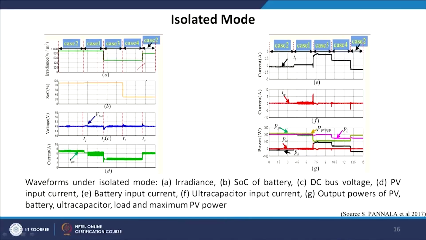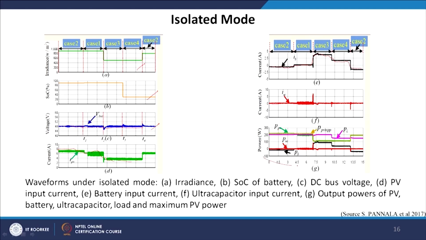When you move to isolated mode, we can see that this is my load scenario, and then this is the SOC scenario and the bus voltage, which is again with minor variation. You can see the current for the PV, which is varying, and then this is my battery current characteristic, and finally my ultracapacitor.